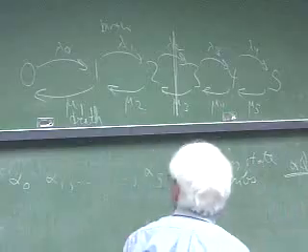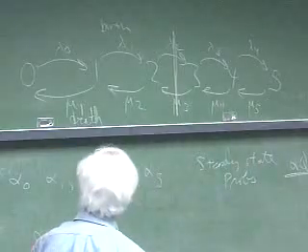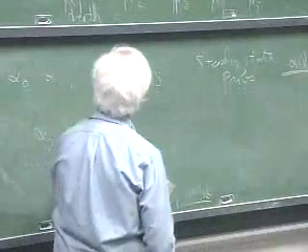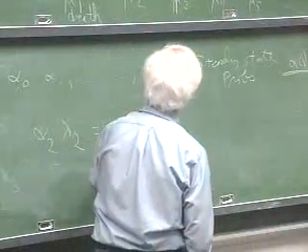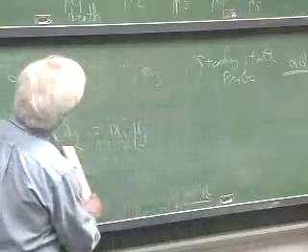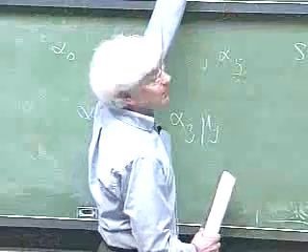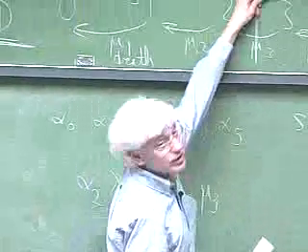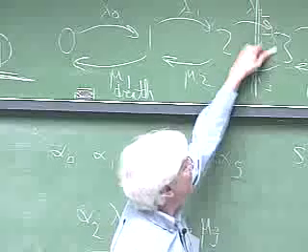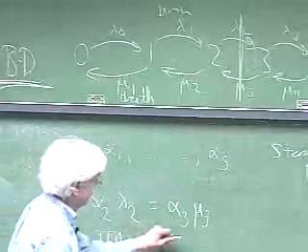Over all time, what that means is alpha 2 times lambda 2 has to equal alpha 3 times mu 3. The rate up is the long-run probability of being here times this rate up. It's got to equal the probability of being here times this rate down. This is up and down.